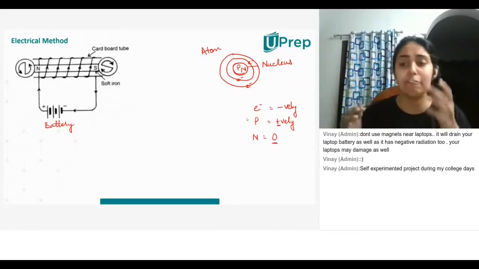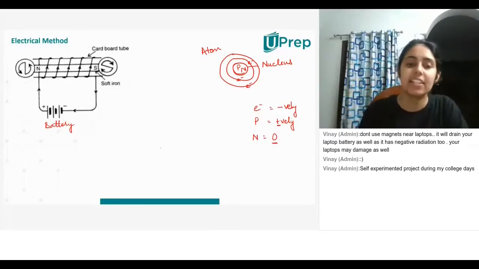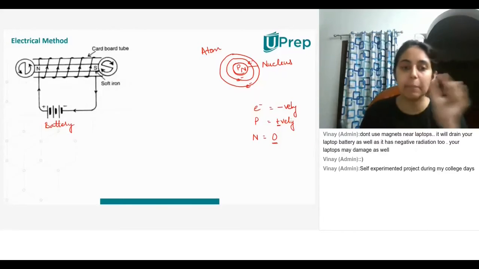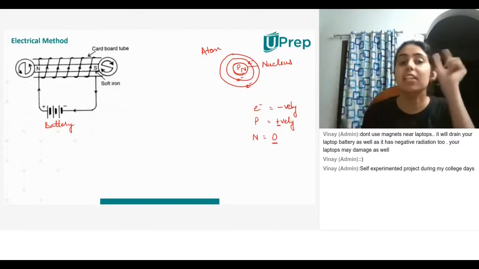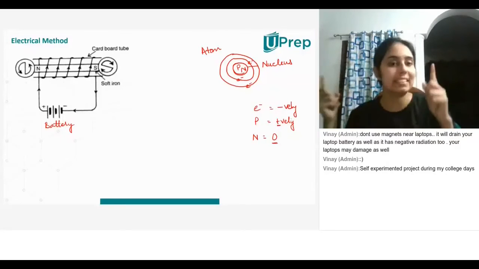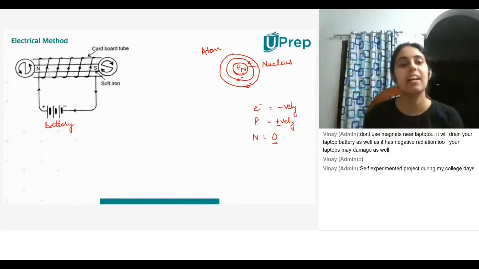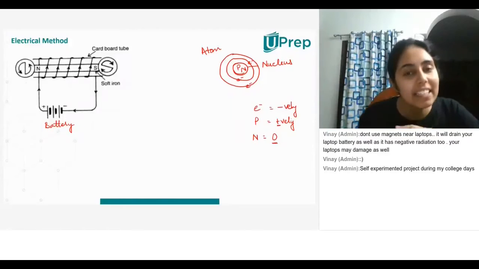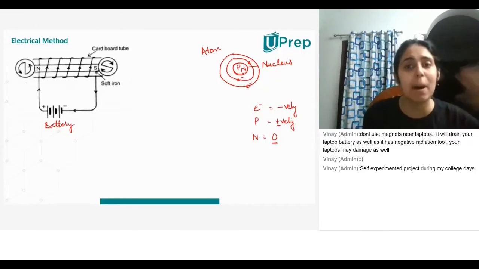For example, if you look at your ruler, your scale, you will see 1 centimeter gaps, right? Within those 1 centimeter readings, you will see 10 1 millimeter readings. Now you take one tiny 1 millimeter reading and divide it into 100,000 parts.